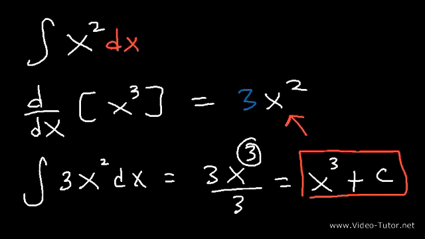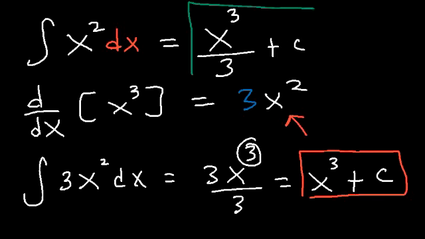To find the antiderivative of x squared, simply add 1 to the exponent. 2 plus 1 is 3, and then divide by that number. So it's 1/3 x cubed plus c. Now let's work on some more examples. Try these.